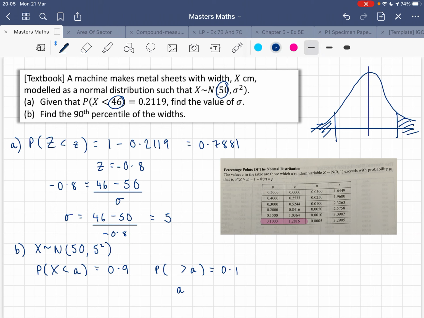Because I've used a table, this is actually Z. So for my Z value of A, I get 1.2816, that I then need to code to put it in terms of X.